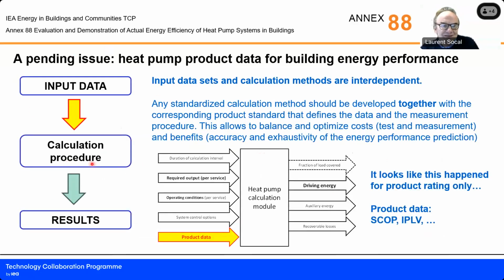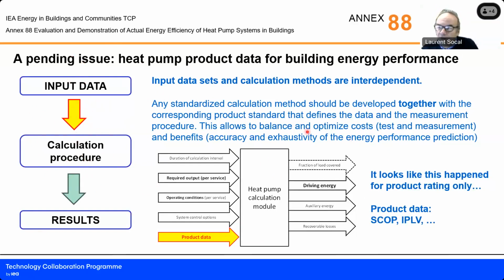So this is a most important pending issue. The connection between product data and building energy performance calculation, because if you have a calculation procedure, you need an input data set. These two things you cannot separate. They must be combined.